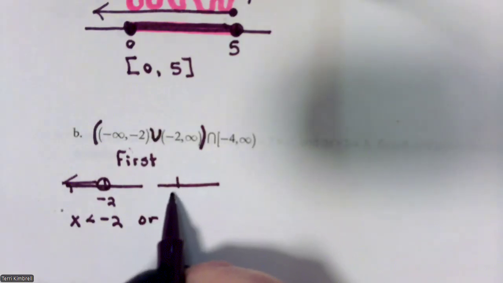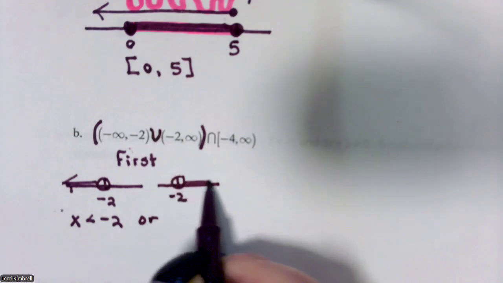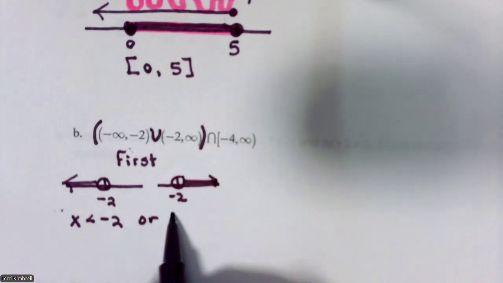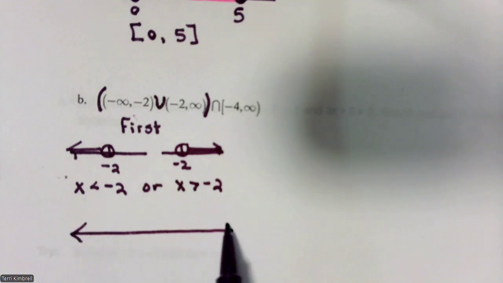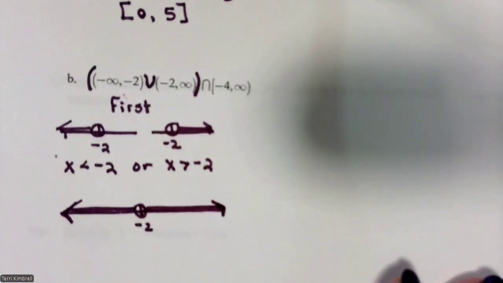The other graph would be an open to the right. So that would be x is greater than -2. So with or, you're going to graph both of these. So if I have -2 open, and I go to the left, and then the other one, I'll go to the right. So it looks like it's going to be everything but -2.